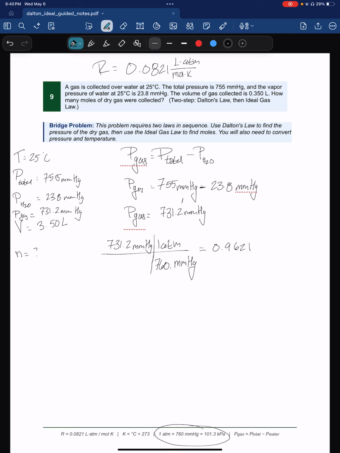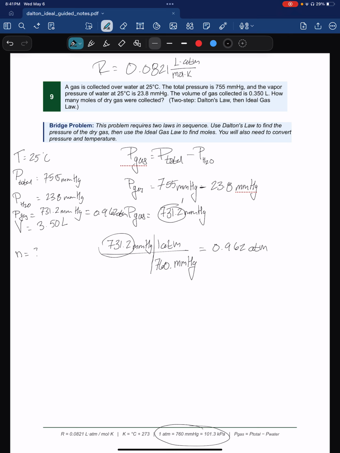Now, I'm just going to take significant figures now so it doesn't get too confusing. Remember, there's 3 significant figures here, and so we'll have 3 significant figures. And that's in atmospheres. Perfect. All right, so I'll add that over here: 0.962 atmospheres.